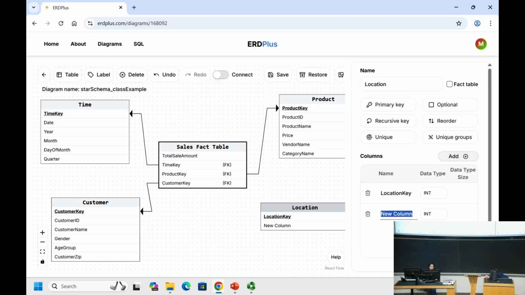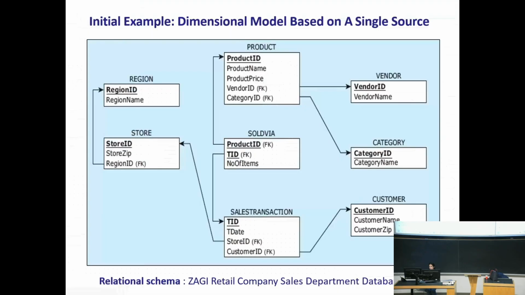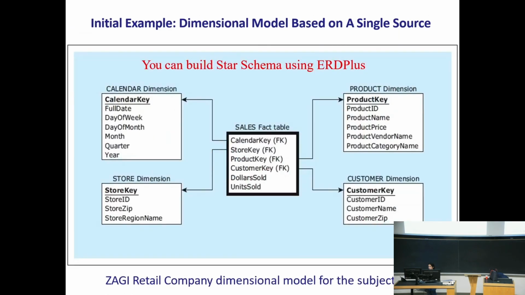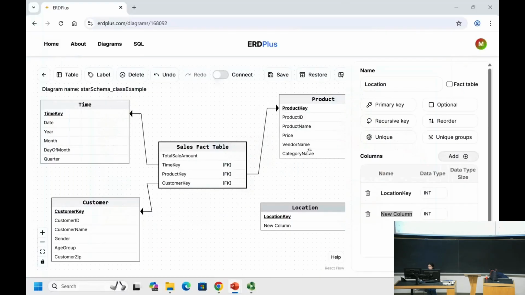What location information do we have based on our ER model? So let me show you that. We have region information, right? We also have store location information, which is here. So we have a store zip, for example, and then that's it. So we can also add that.